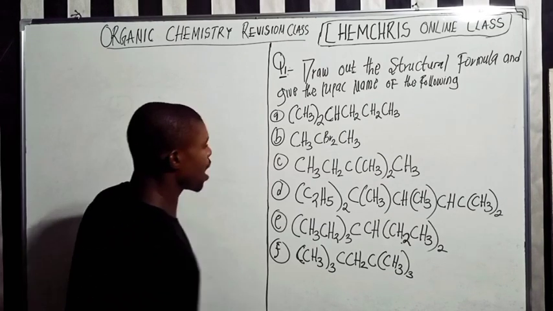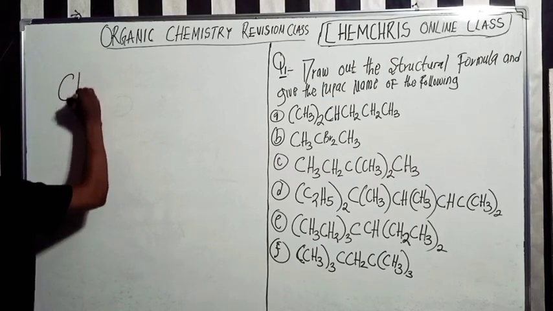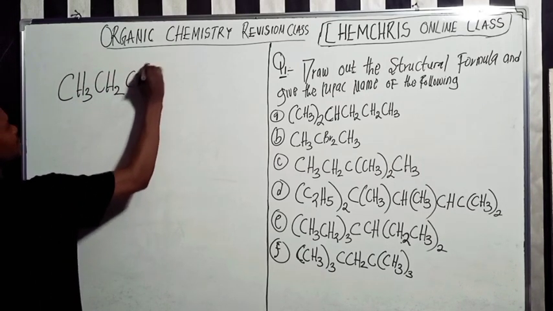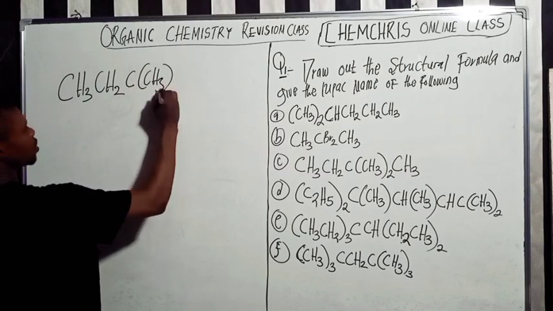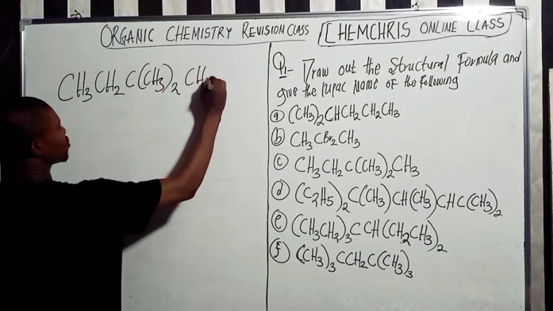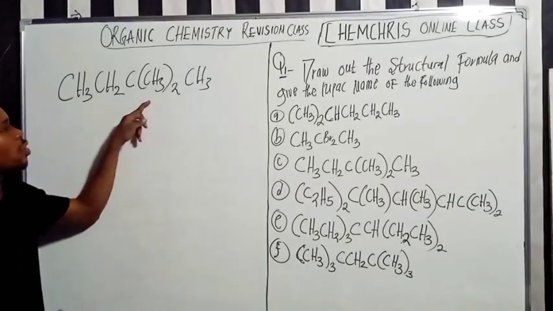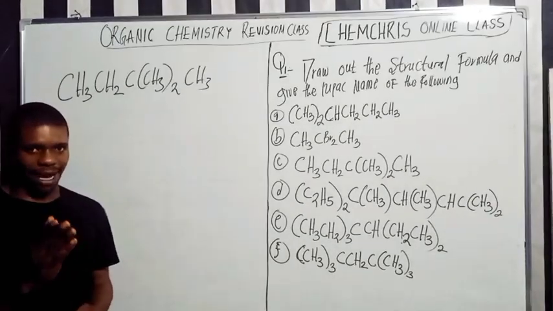So the C here we have CH3, CH2, CH3. Here we have 2 and CH3. Now, what does it mean? It means that this carbon atom here is carrying 2 methyl groups, right?